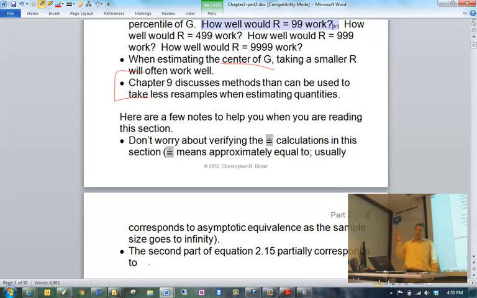But if the computation that you're doing in, let's say, your calc.t function takes a long time, or let's say you are doing a Monte Carlo simulation to evaluate a statistical method that uses the bootstrap, so in essence you're using a simulation within a simulation, then you have time considerations to worry about. And so some of these methods, like the one that we'll talk about in Chapter 9, can be helpful.